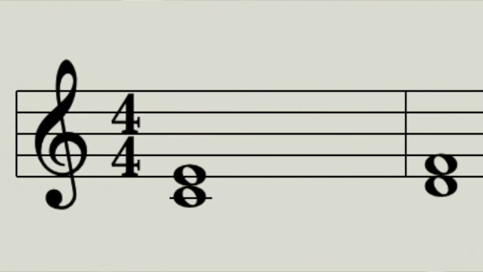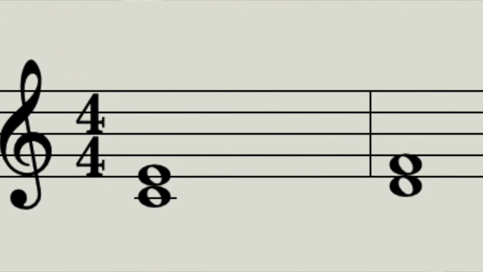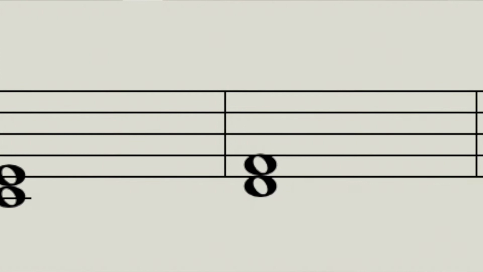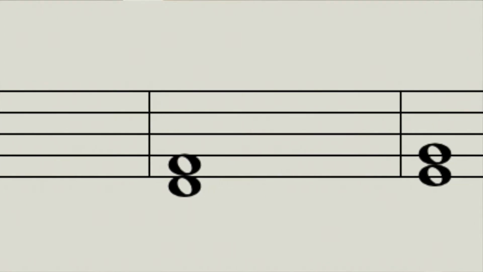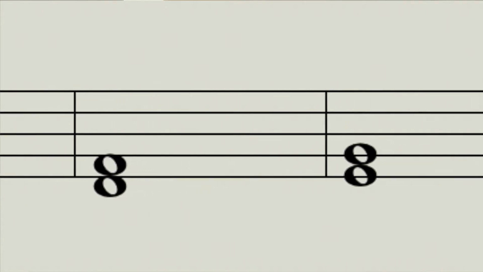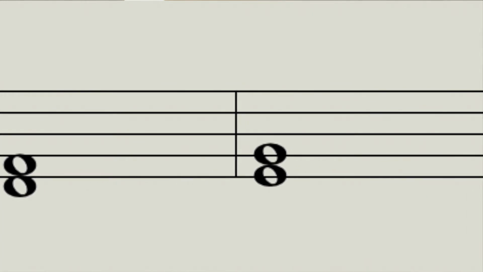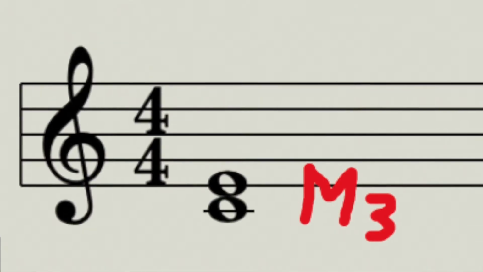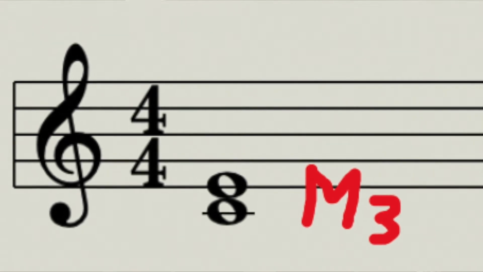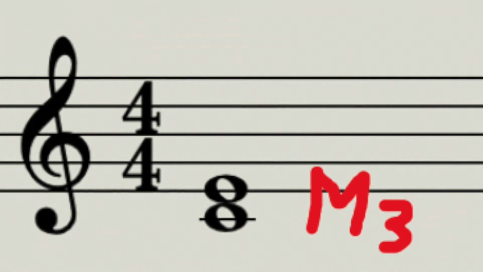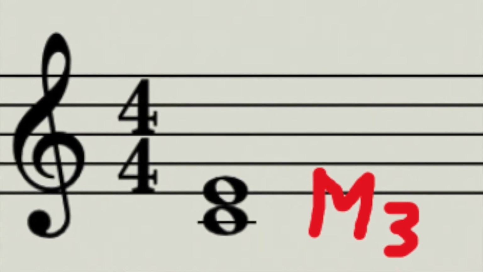So you can see here that we're going to put an E on top of the C, an F on top of the D, a G on top of the E, and so on. Now, from your interval training, you might realize that the first third, C to E, built on the C, is a major third because it's the third that's in the C major scale.